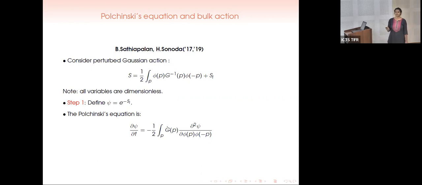Note all variables are dimensionless, and we define a variable psi, e to the power minus S_I. Now if we consider the simplest case of the Polchinski equation, where there is no anomalous dimension or anything, then this reduces to this form, where G is related to K, this analytic cutoff function, by p squared.